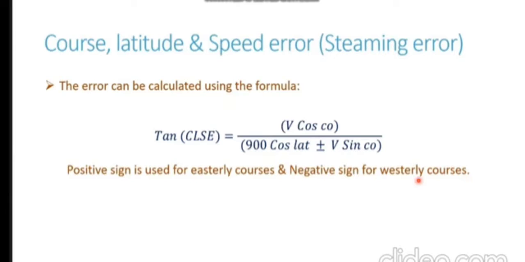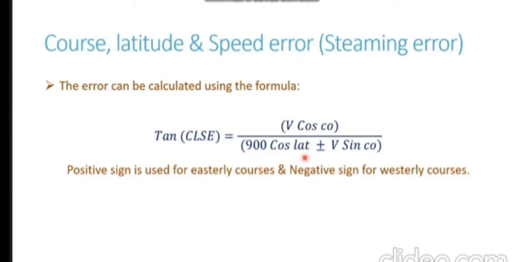Now, why is it a plus for easterly course? It will become clear when I explain it to you using the diagram. But just to give you an example here, you see this first factor in the denominator, 900 cos lat, basically represents the motion of the earth at any particular latitude.